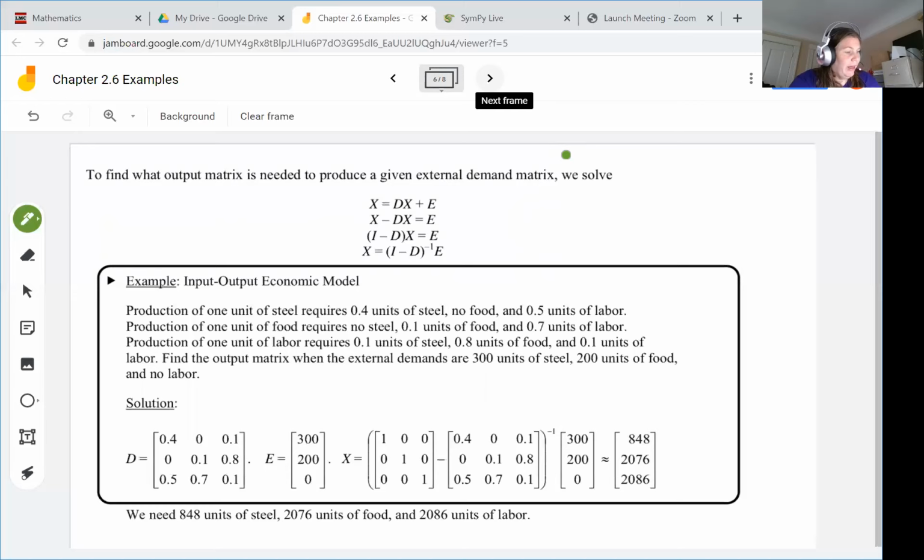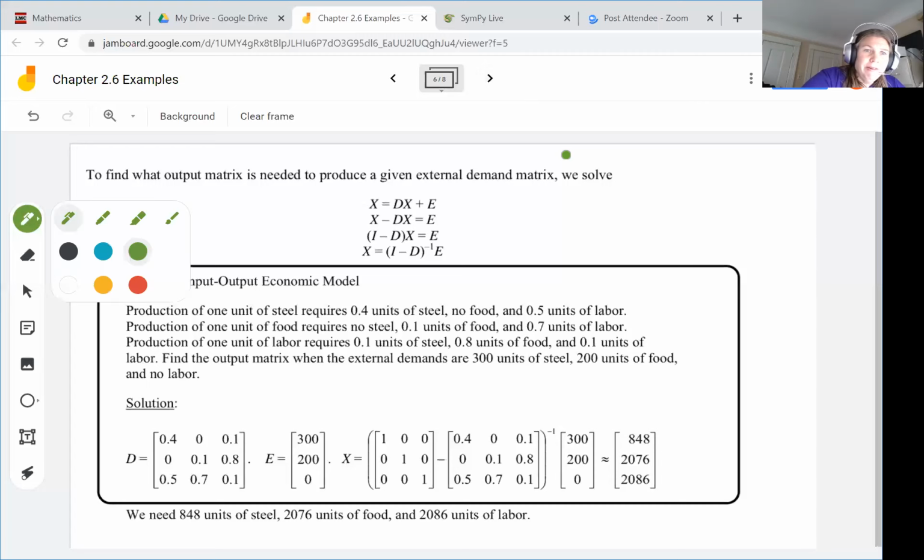So let's take a look at an example here. In this matrix D that we're going to build, we know that production of 1 unit of steel requires 0.4 units of steel, no food, and 0.5 units of labor.